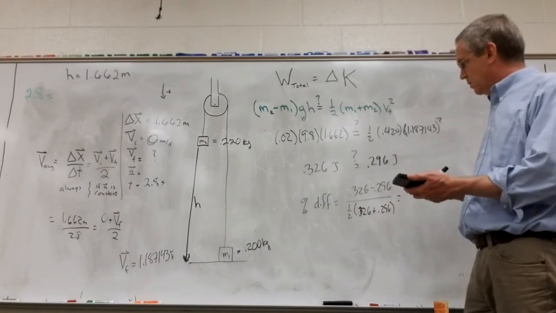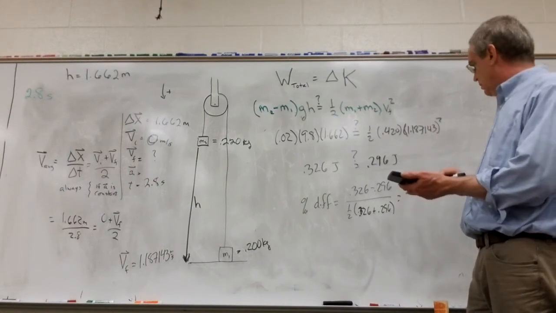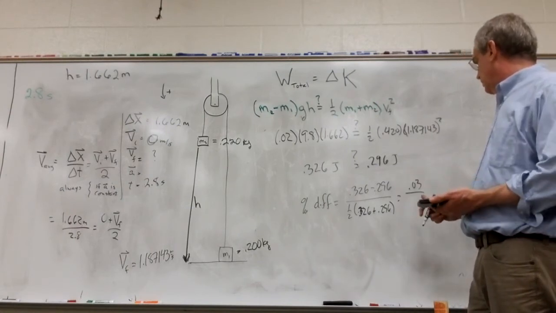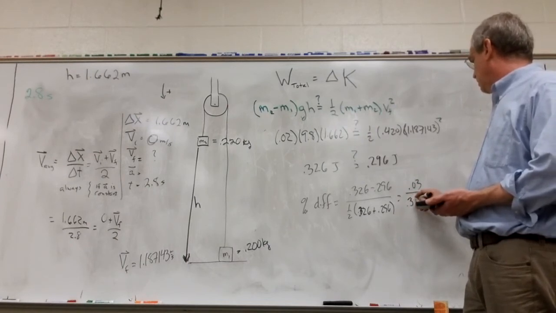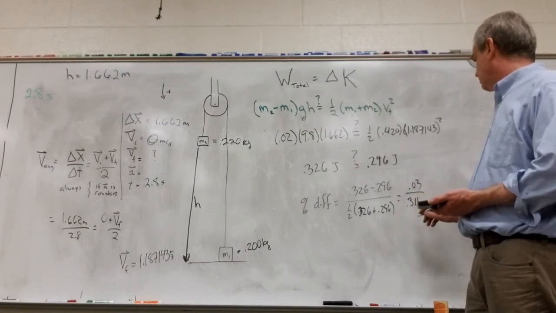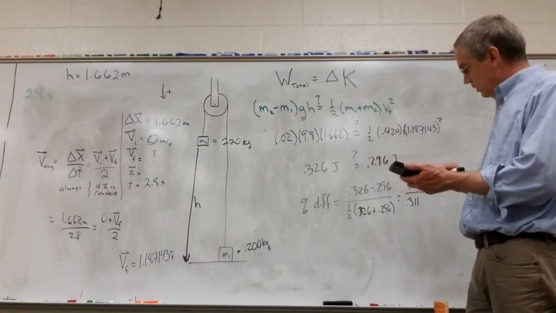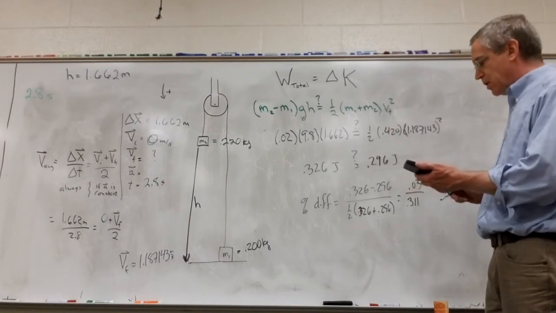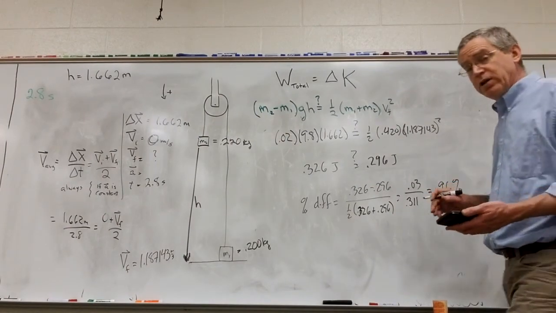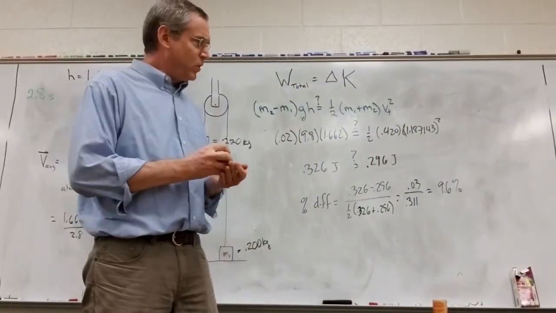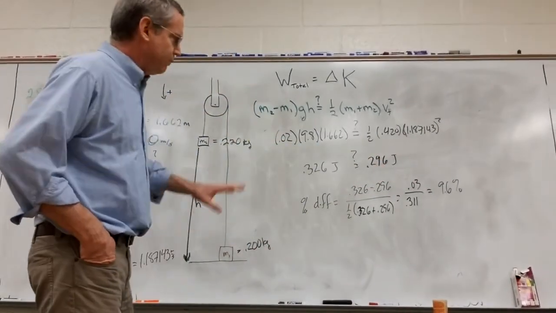On top here, this is 0.03, and on the bottom, this should be 0.311. So 0.03 divided by 0.311, 9.6% off. We're under 10%, and there's some satisfaction in physics when the percent difference is under 10%. So I'm feeling pretty good about that.